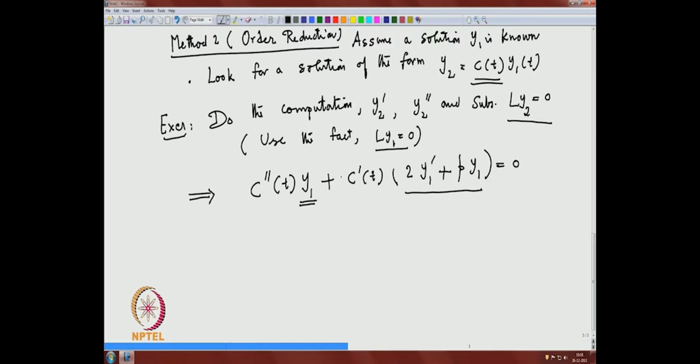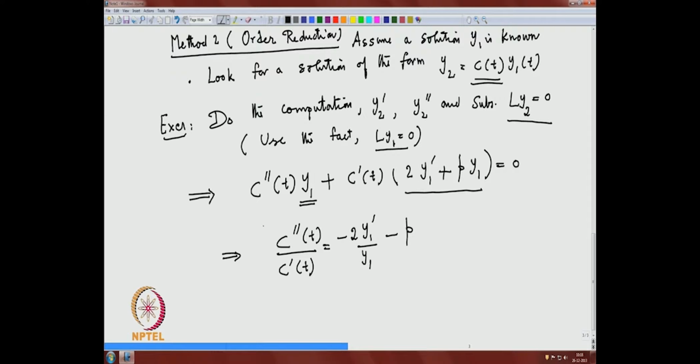Though it looks like a second order equation, there is no C present here, only C prime and C double prime. So, you can write in principle C double prime of t by C prime of t is equal to minus 2 y1 prime by y1 minus p.